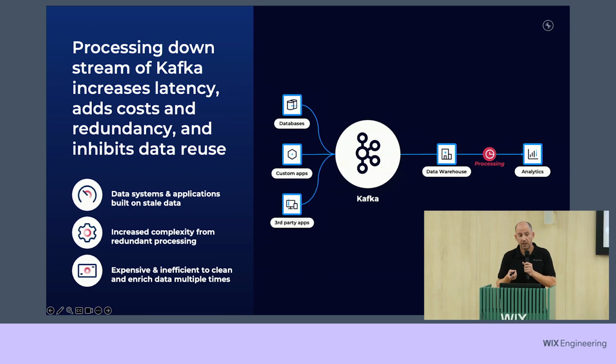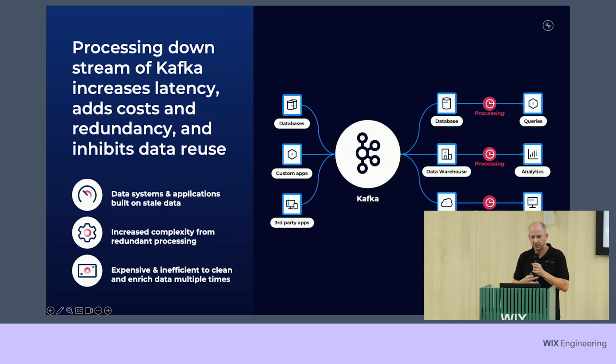First, you might be adding latency for your applications because you're doing batch processing, right? You're not doing real-time processing. So you might be processing stale data, which doesn't make sense for all applications, okay? But the problem intensifies when you start to fan out your data to several applications or systems.